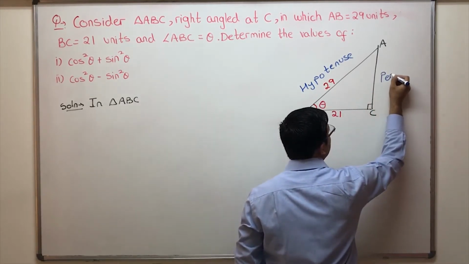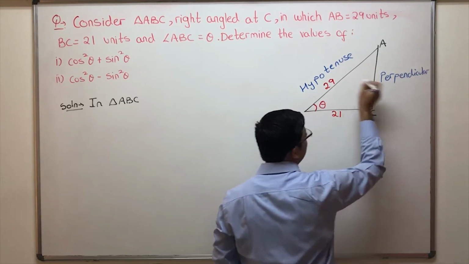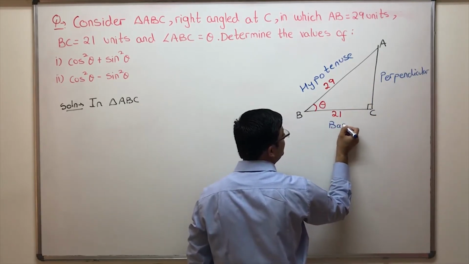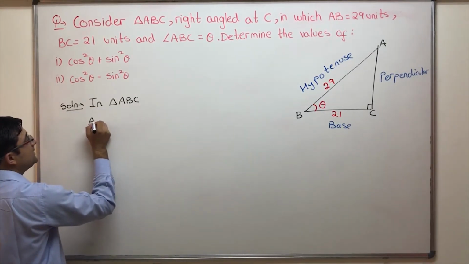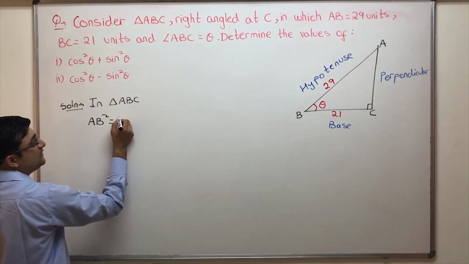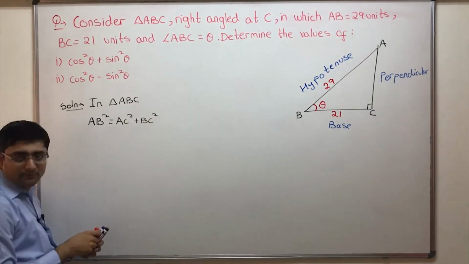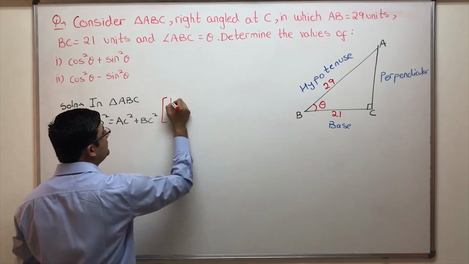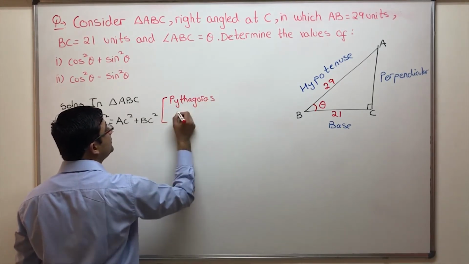So AC is the perpendicular. Whichever remains, or the adjacent side, BC is the base, right? So in triangle ABC, square of the hypotenuse, that is AB square, is equal to sum of the squares of the other two sides, AC square plus BC square. Why Pythagoras? So do mention over here Pythagoras theorem.